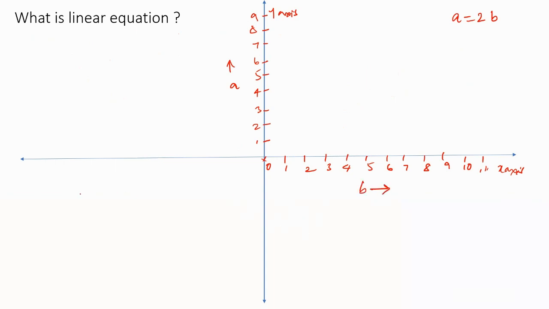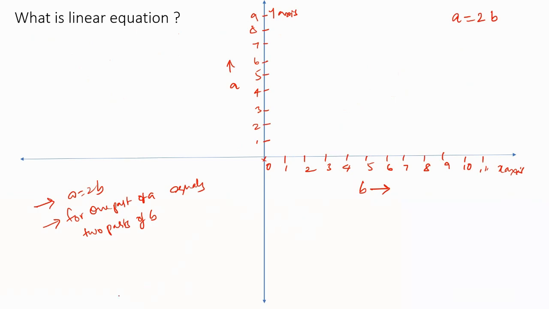b. So based on the equation a is equal to 2b, for one part of a equals two parts of b.